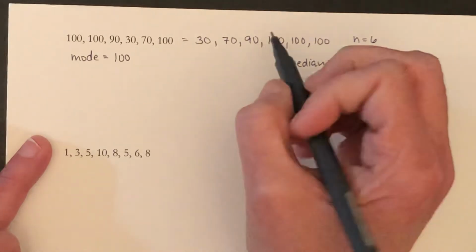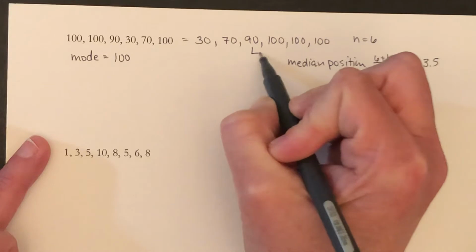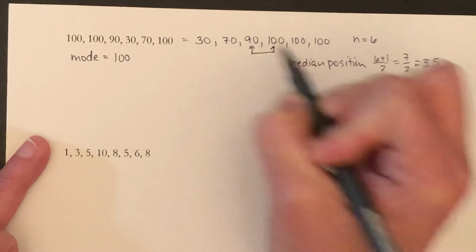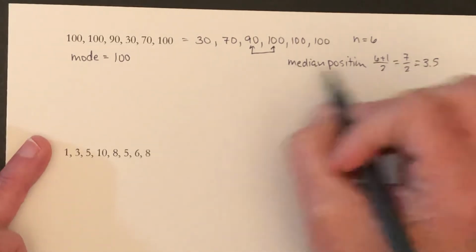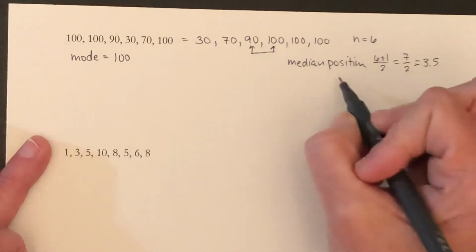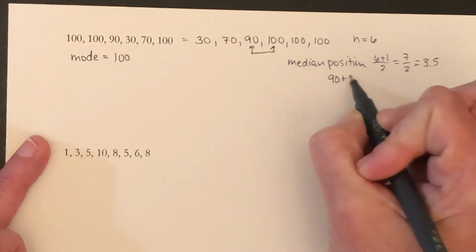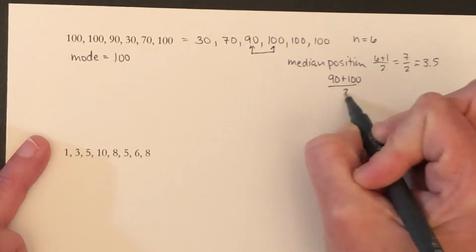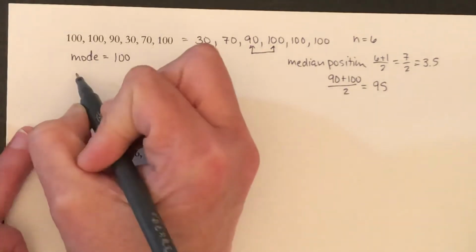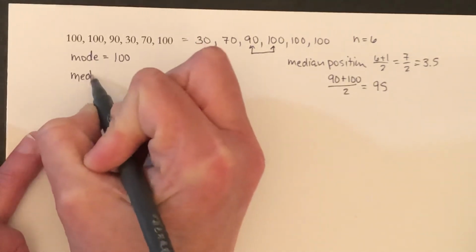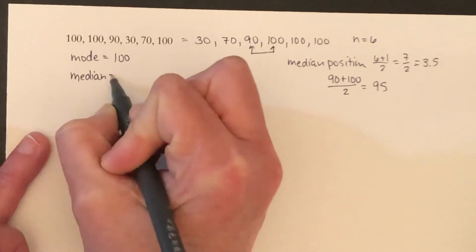So I'm going to be looking between the third and the fourth numbers. Those are the ones I need to average or find the mean of. So to complete the calculation of the median, I need to do 90 plus 100, divide that by 2, and you get 95. So the median is 95.